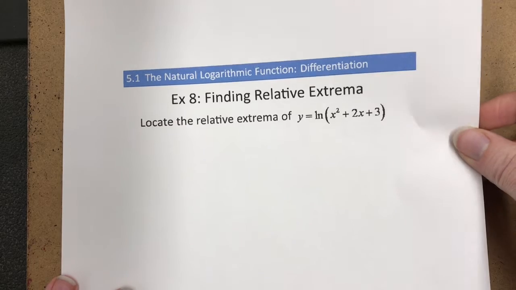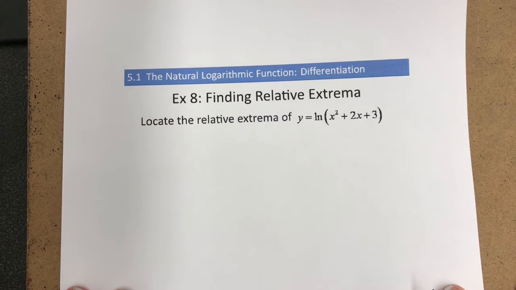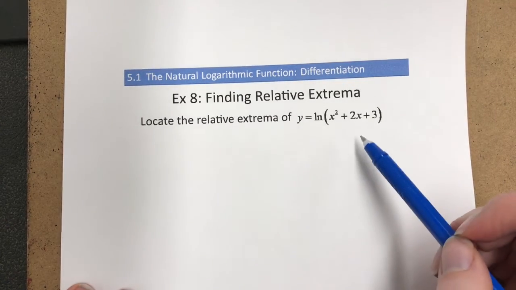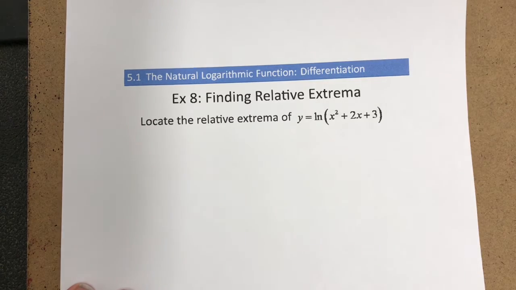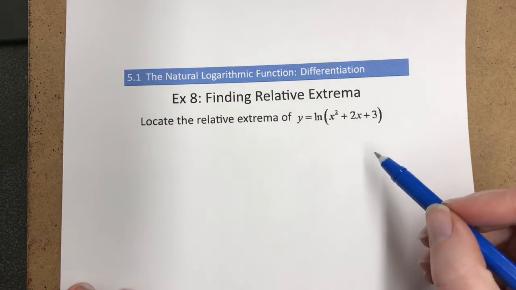So then for example 8, we want to find the relative extrema of this function. Remember, relative extrema are our maxes and our mins. And in order to find the maxes and mins, I want to figure out where the function changes from increasing to decreasing or decreasing to increasing. So to do that, I need to find the derivative so I can find out where my critical numbers are.